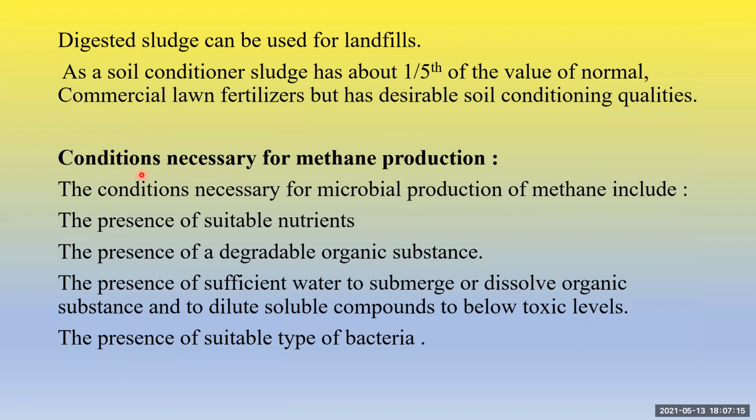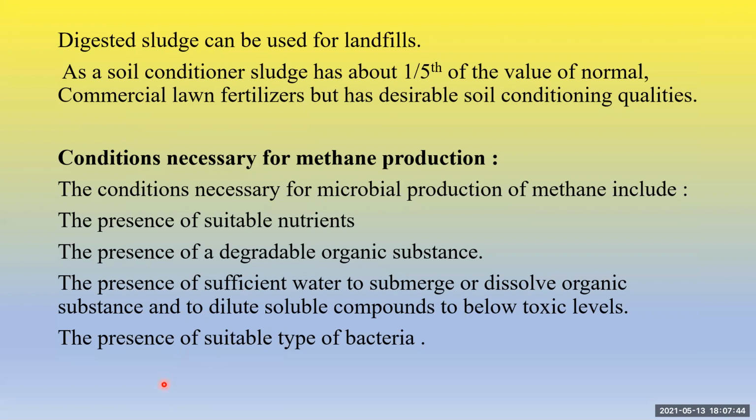Now, the most important thing here is the conditions necessary for methane production. What are those? The conditions necessary for microbial production of methane are the presence of suitable nutrients, the presence of degradable organic matter, the presence of sufficient water to submerge or dissolve organic substances and to dilute the soluble compounds to below toxic level, and the presence of a suitable type of bacteria.